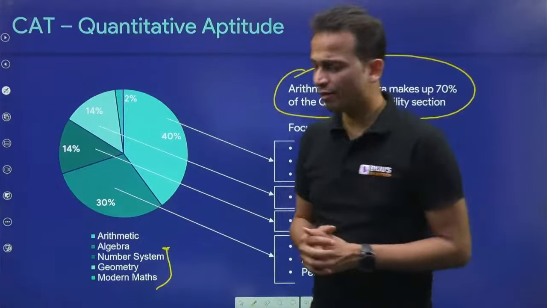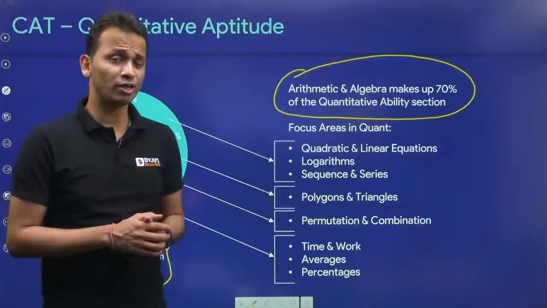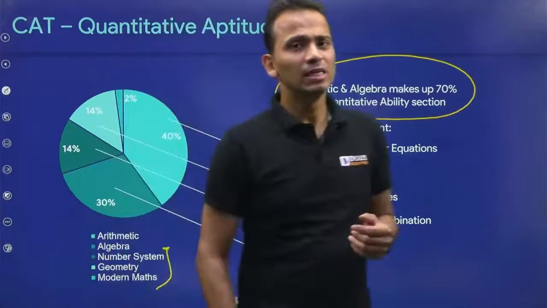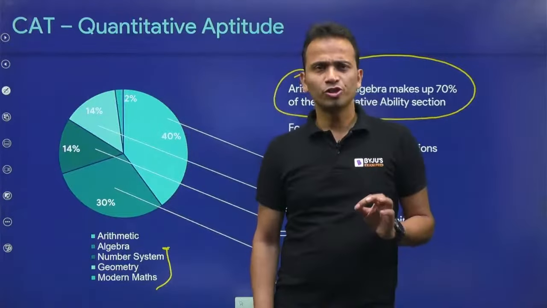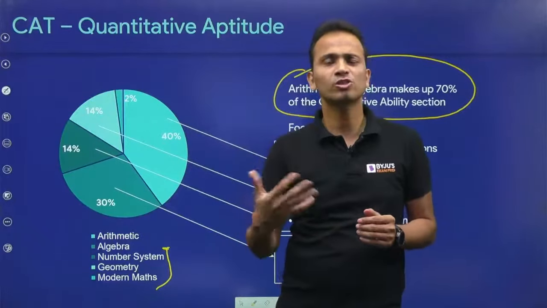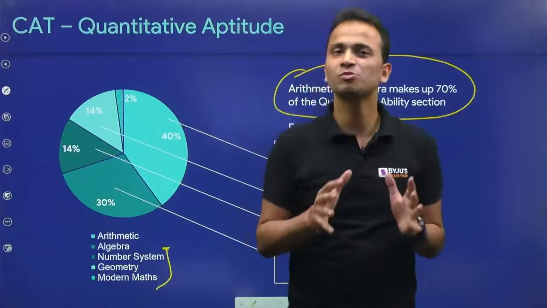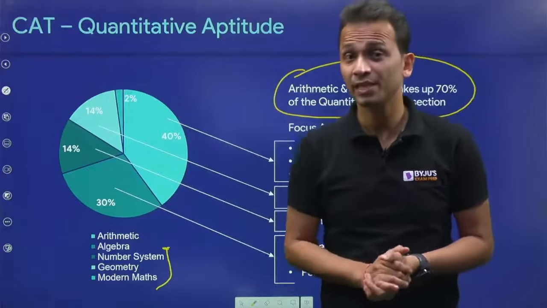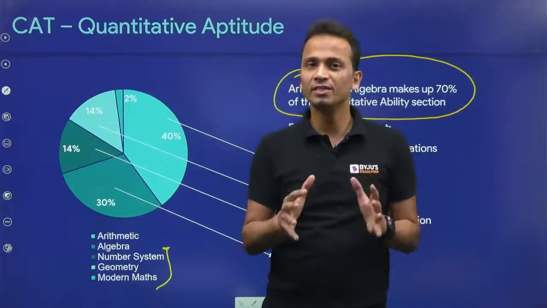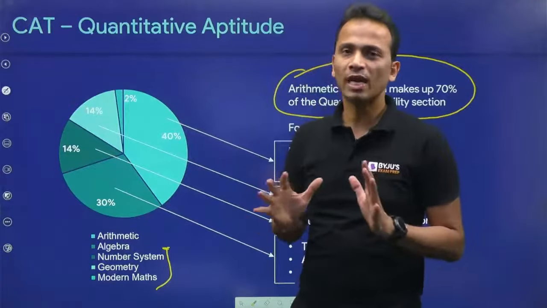If you look at the data of the previous 4 or 5 years, you will understand that out of 22 questions, if your score is 6 or 7 questions effectively correct, then you'll be sitting at 90 plus percentile in the CAT examination. Yes, in 40 minutes, out of 22 questions, if you have effectively made 6 to 7 questions correctly, then you will score 90 plus percentile.